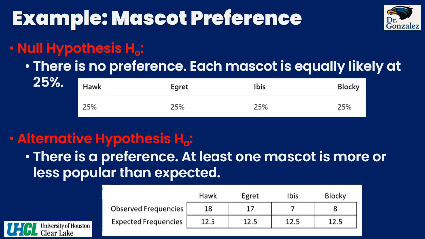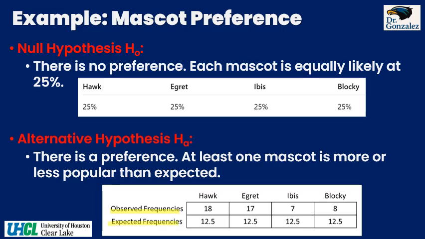So my null hypothesis is that there's no preference. Each mascot is equally likely to be chosen at 25%. So you'd have 25 hawk, 25 egret, 25 ibis, 25 blocky. And then your alternative hypothesis would be that there is a preference, at least one mascot is more or less popular than expected. So I have my observed frequencies here and I have my expected frequencies here.